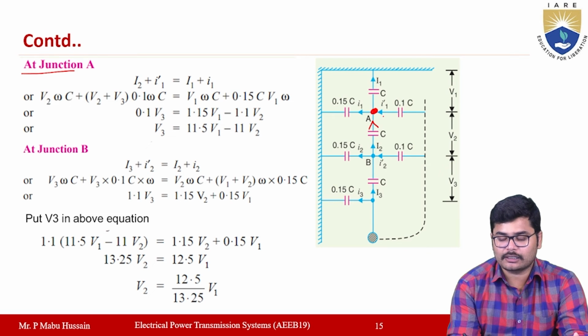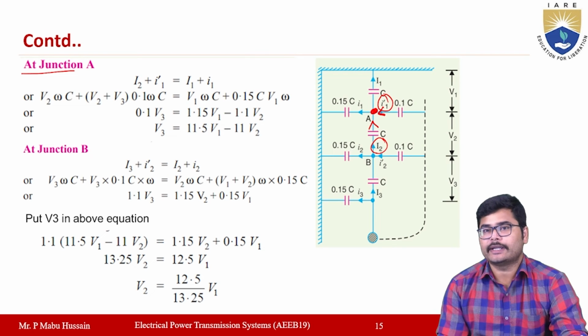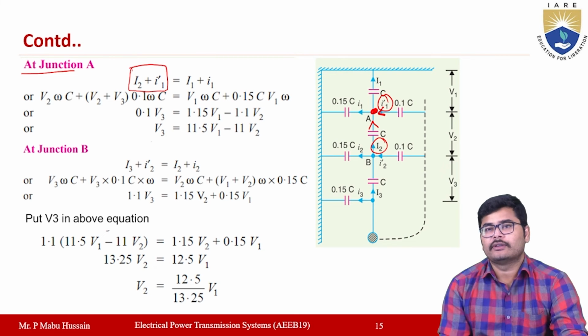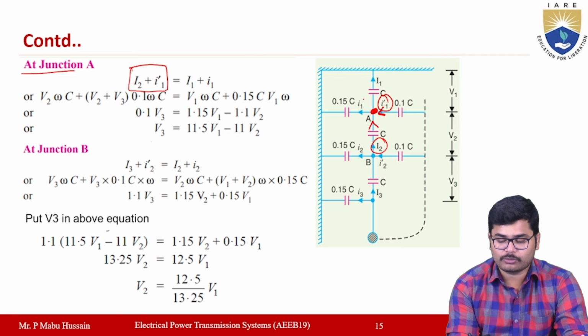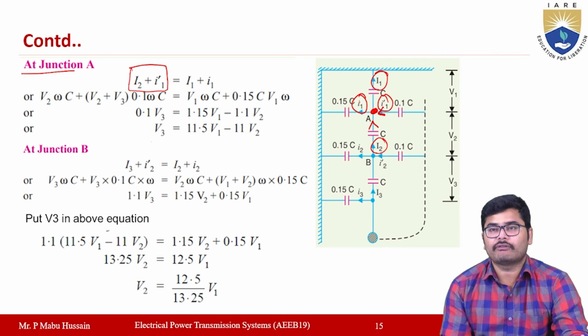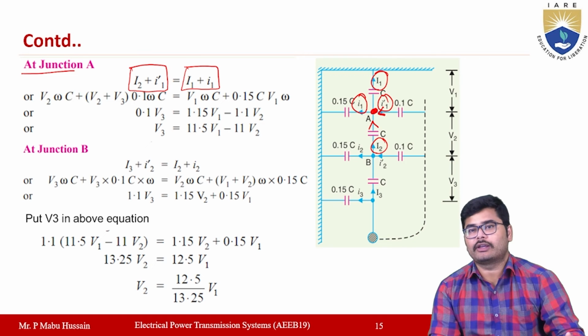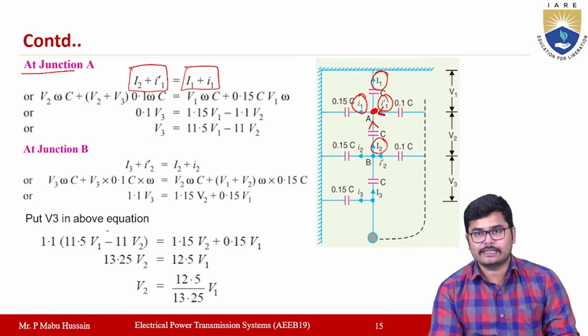The incoming currents are capital I2 and I1 dash, and the outgoing currents are small I1 and capital I1. So incoming currents equal outgoing currents.